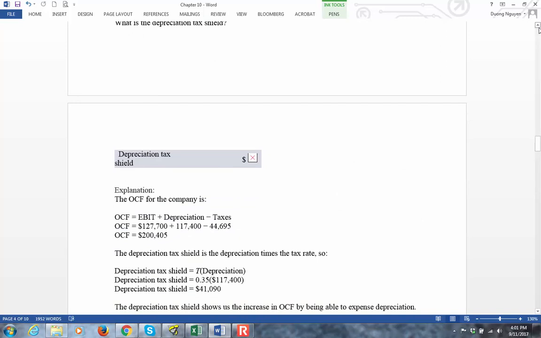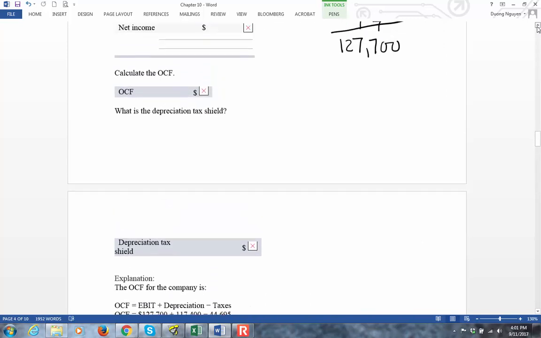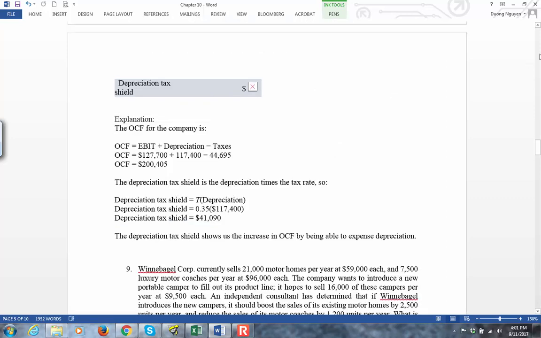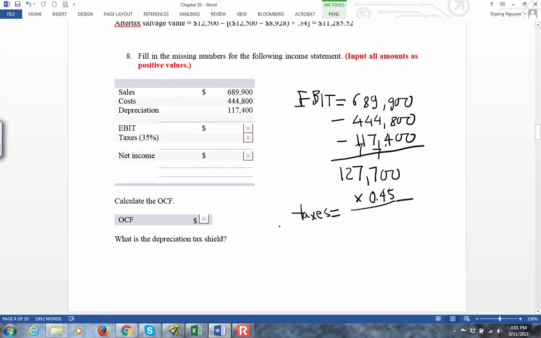How much is taxes? Taxes are equal to 35% of EBIT. So the amount of taxes would be EBIT times 35%, and you get taxes equal to 44,695. That is how much taxes.